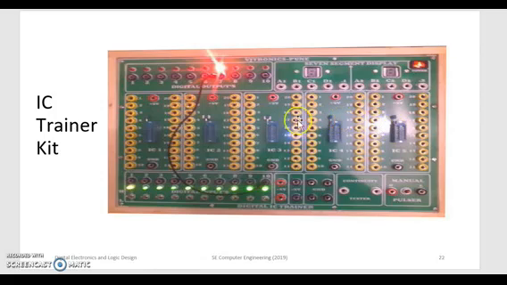Okay, now here these red lights are LEDs, and next to that these holes are given. So these are the digital output. When you have to take any output from a particular IC, you make a connection from a pin according to the data sheet, and give that output on this output side.